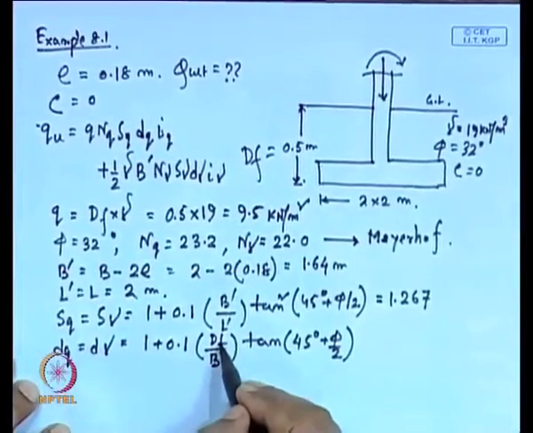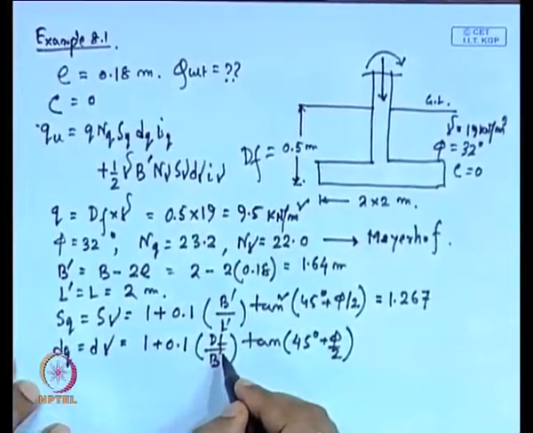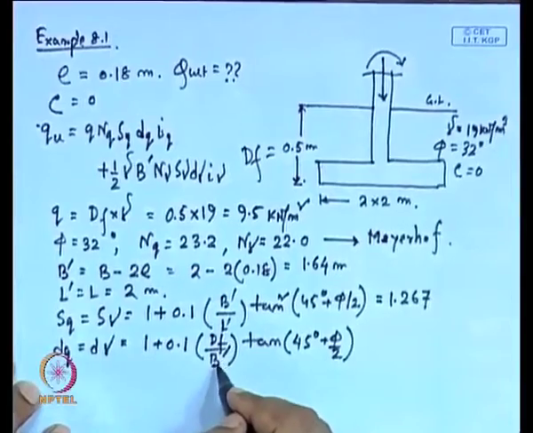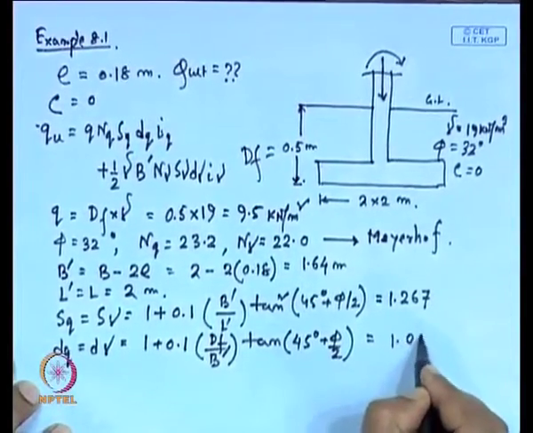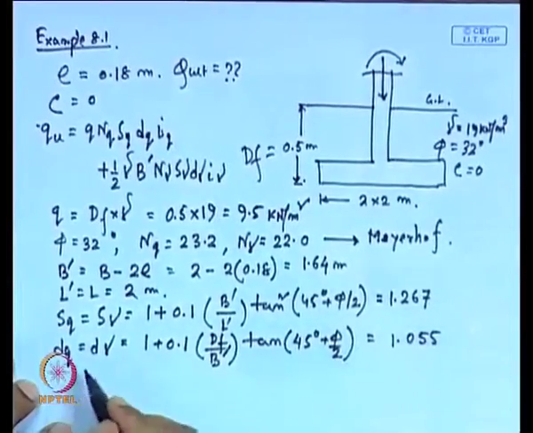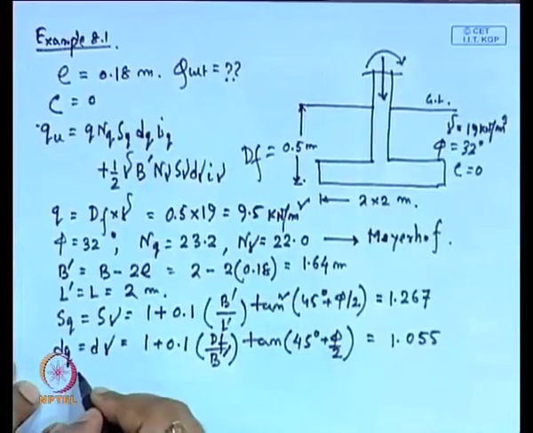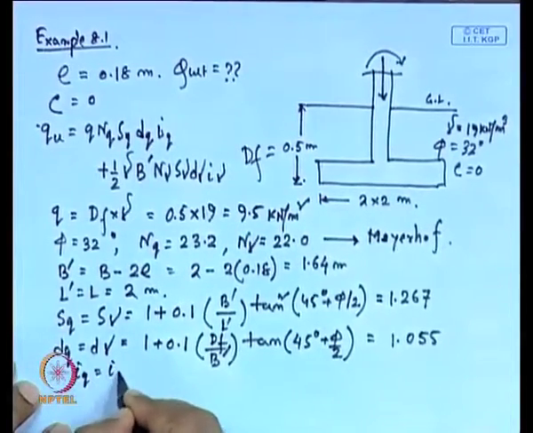If we put Df equal to 0.5, and in place of B we use B dash equal to 1.64 meter, and phi is 32 degree, this is coming 1.055. As inclination is not present, we can write that I q is equal to I gamma, which is equal to 1.